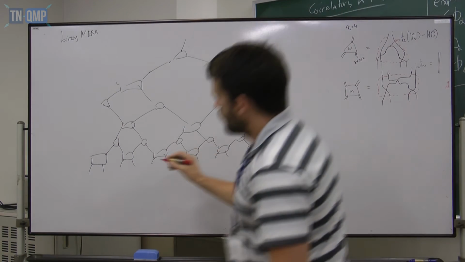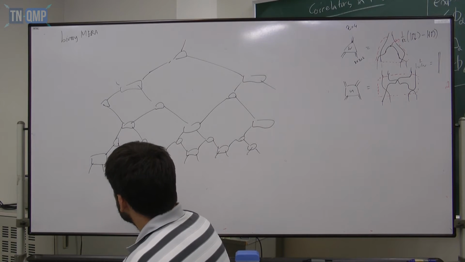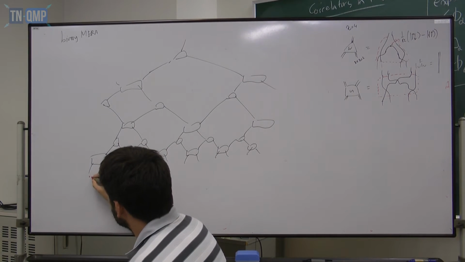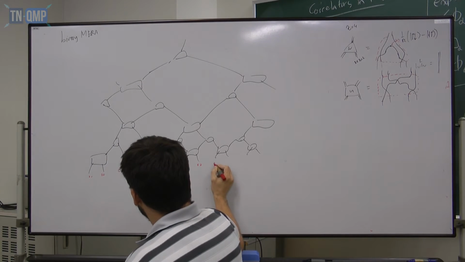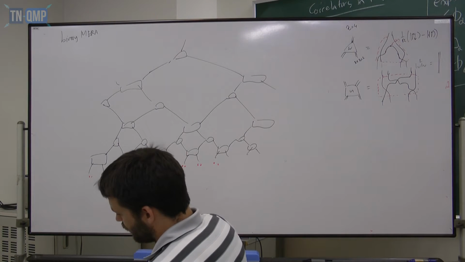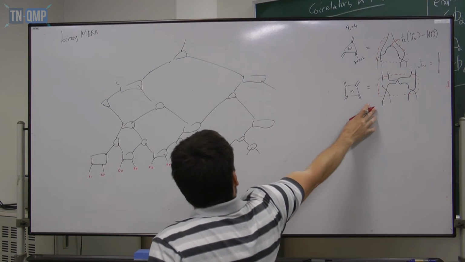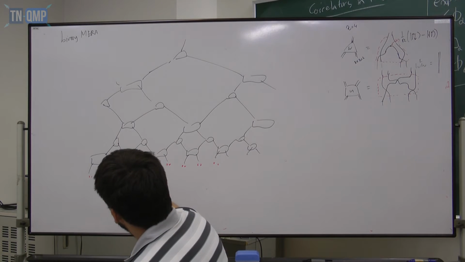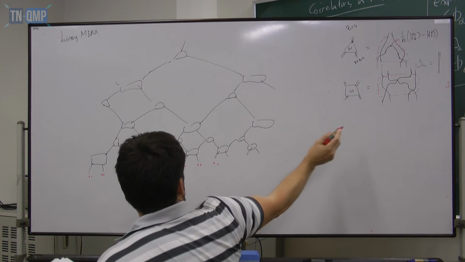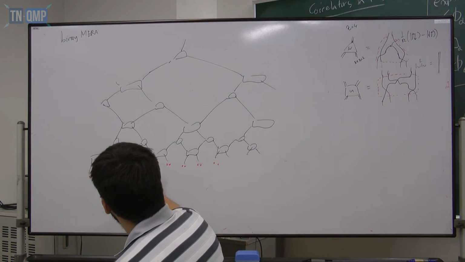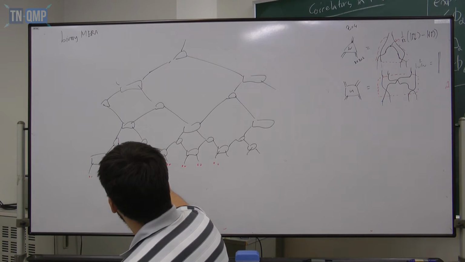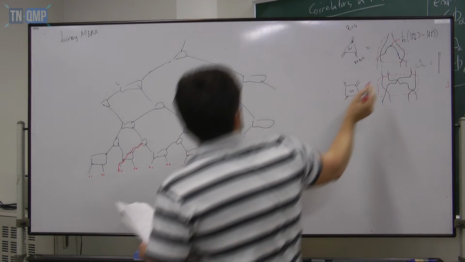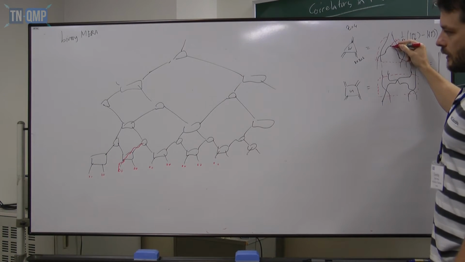Each of these indices down here is a double index, which I can think of as a product of two sites. Let's follow along one of these lines. Imagine I start on the outside of this leg, and at this disentangler I cross over, going out I cross over, and I come into this isometry.